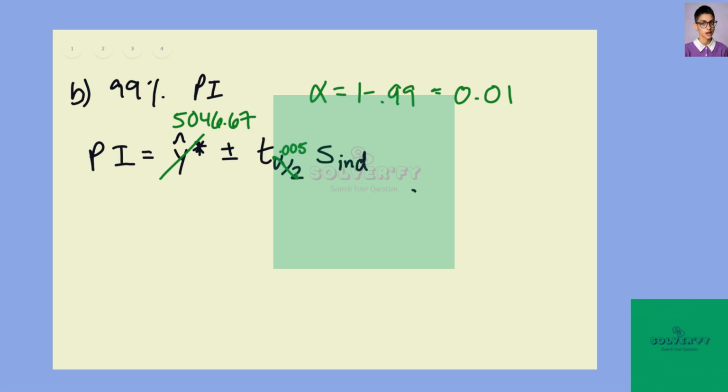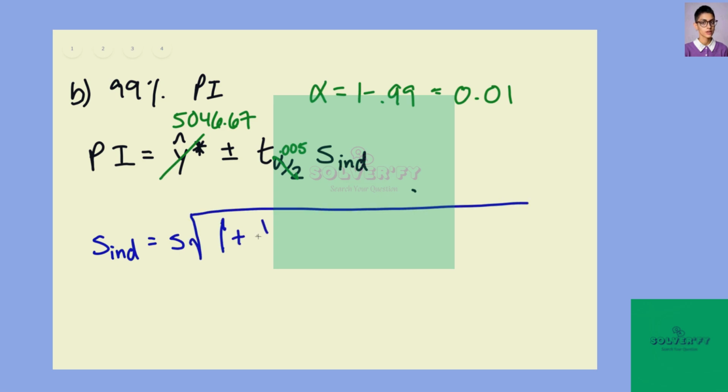Let's first calculate the standard deviation for the individual value. It is equal to the regular standard deviation times the square root of 1 plus 1 over n plus x star minus x bar squared over the sum of the squared differences between each individual x value and x bar.